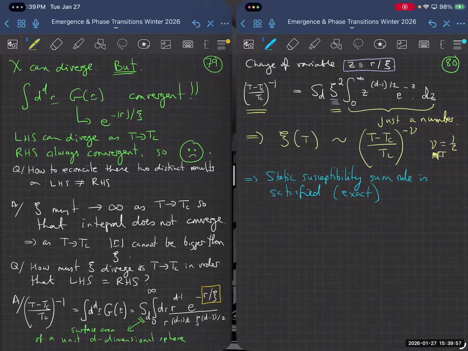Okay, just to recap, what we discovered is that the divergence of a thermodynamic quantity, the isothermal susceptibility, implies a divergence of the spatial correlation length.